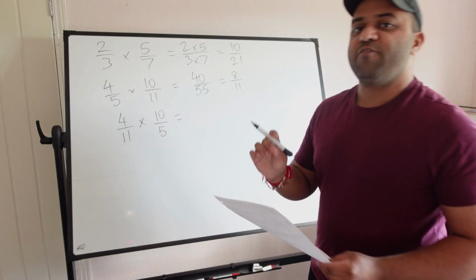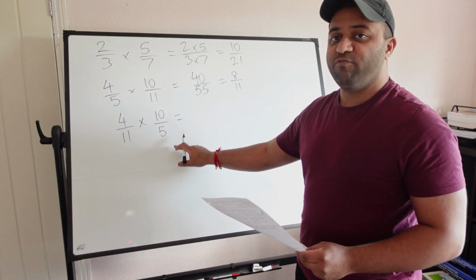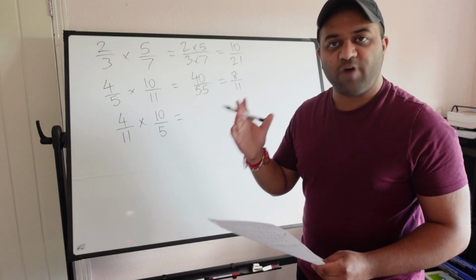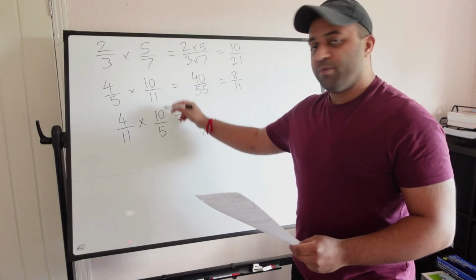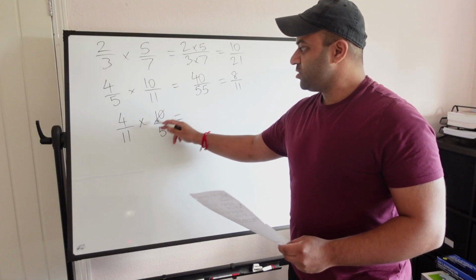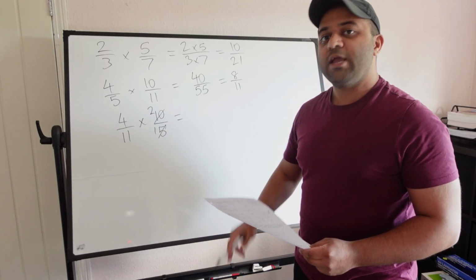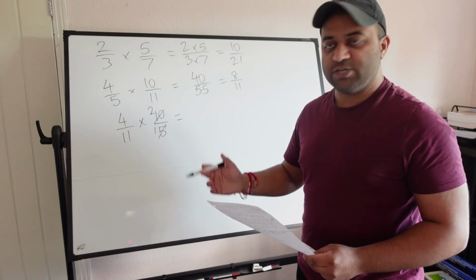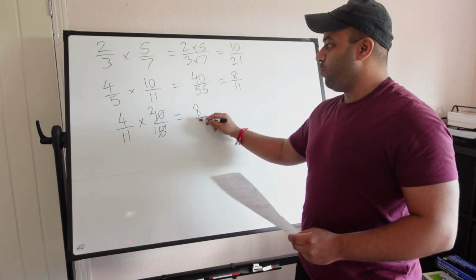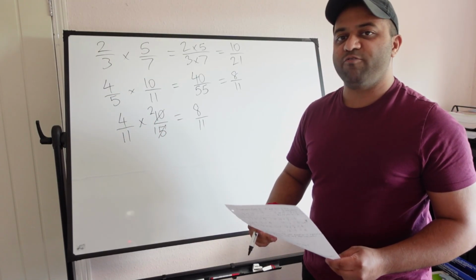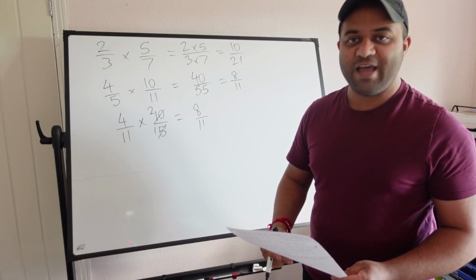As we can see, 4 multiplied by 10 is still 40, and 11 multiplied by 5 is still 55. But if you take a closer look at this fraction, 10 over 5, 10 divided by 5 cancels down. They have a common factor of 5. So this can become the number 2, and this can become the number 1, in which case the final answer, 4 multiplied by 2 and 11 multiplied by 1, gives us our final correct simplified answer of 8 over 11.